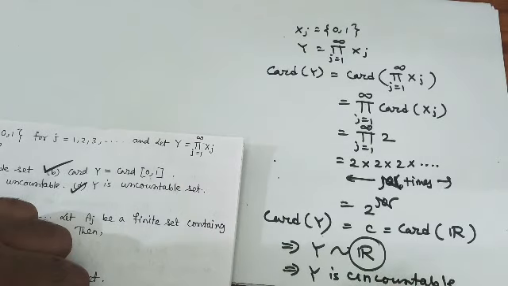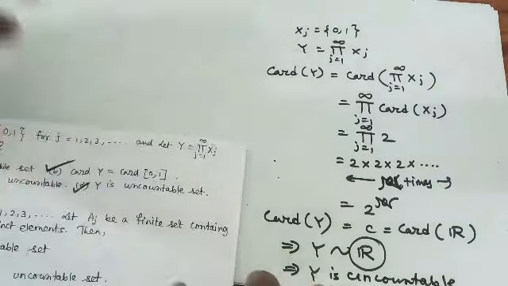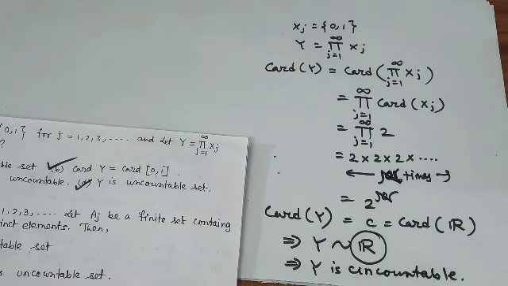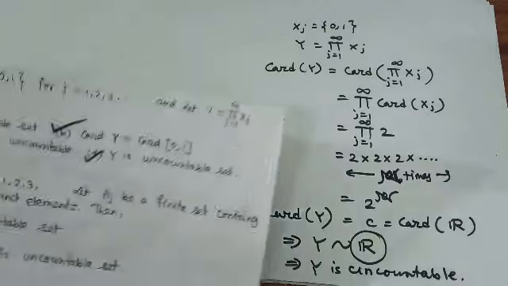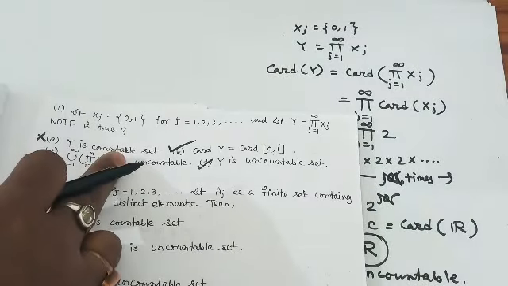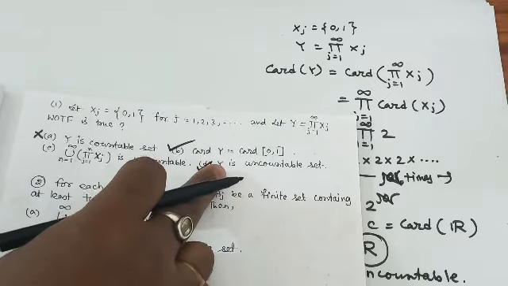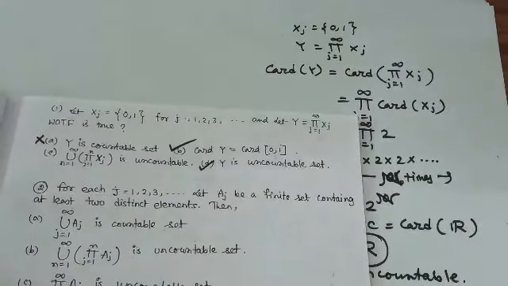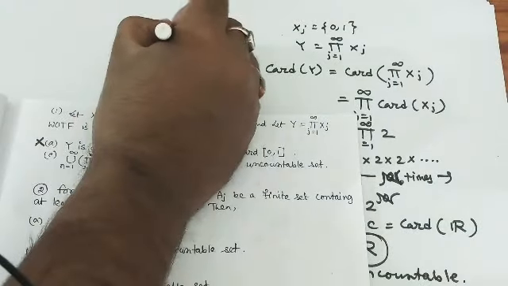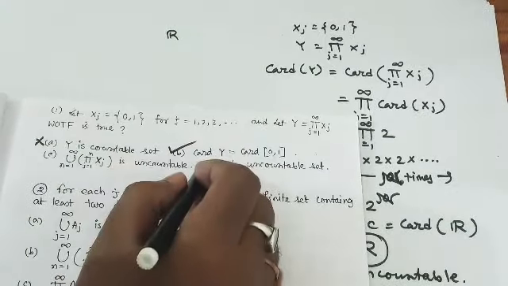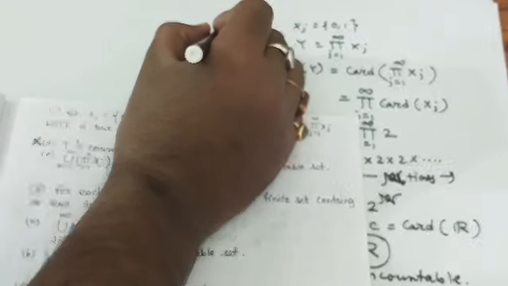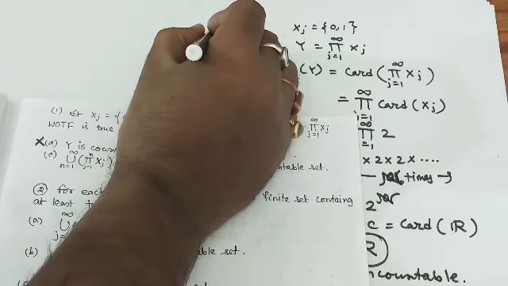Clear? A fully logical approach. I think it is clear to you. Thus your first option, that Y is a countable set, is false, and the fourth one is correct. Now you know that the set of all real numbers is equivalent to any interval, whether open, closed, or semi-open, semi-closed.